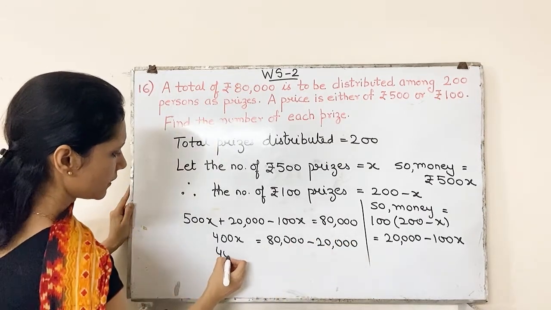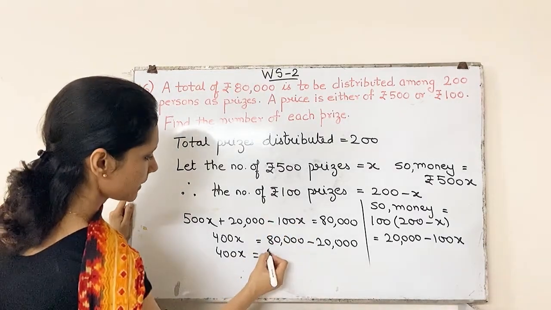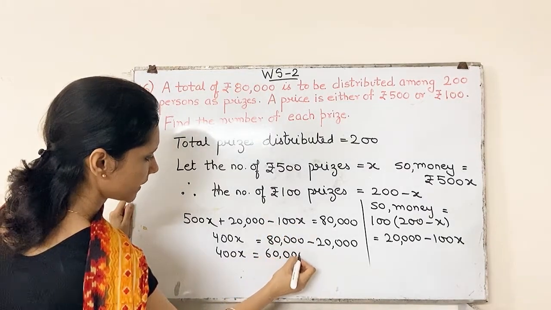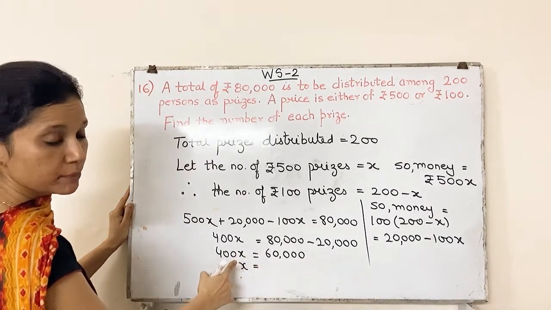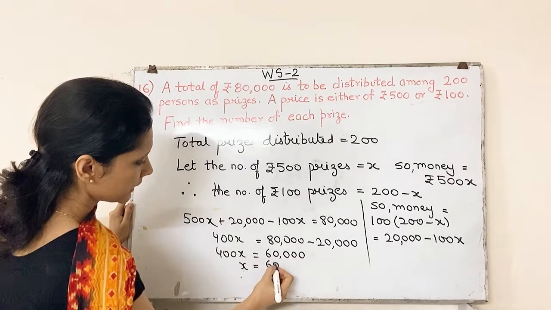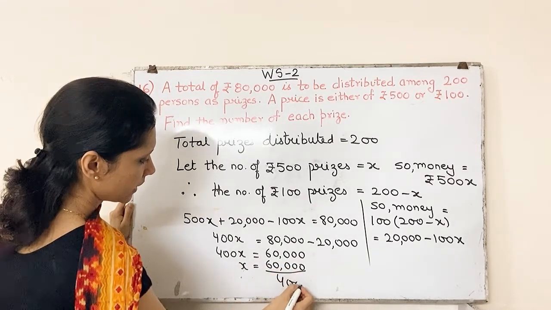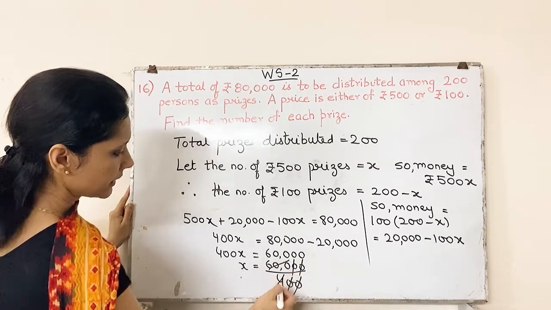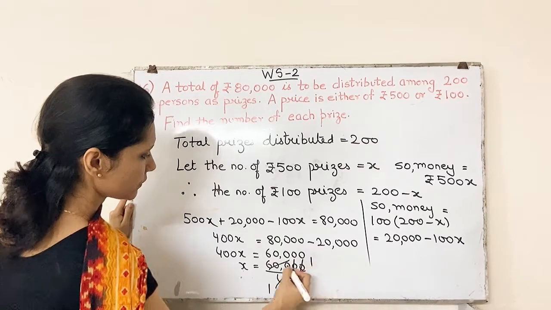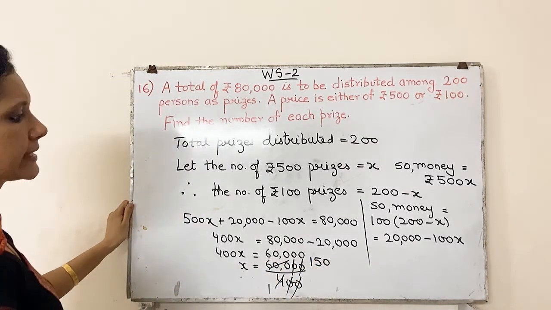So 400x is equal to 80,000 minus 20,000, which is 60,000. And the value of x would be: 400 is getting multiplied, so when we move it to the other side, it would get divided. So the zeros would get cancelled, and 4 ones are 4, 150. The value of x is 150.